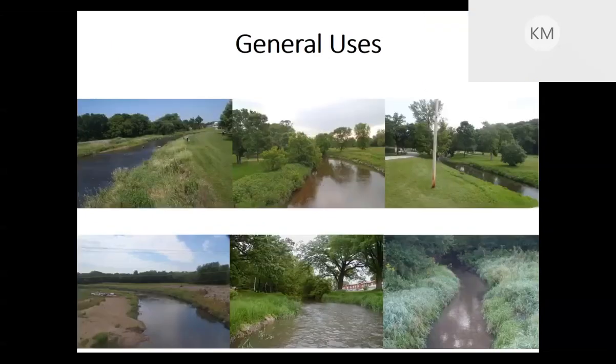So just to go through a few examples here, these are all channelized systems in Minnesota. This top three, these are ditches, but they've got good biology. The biology meets the general use, so that's a ditch that's going to be designated as general use. The ditches on the bottom have poor biology, but the habitat isn't limited.